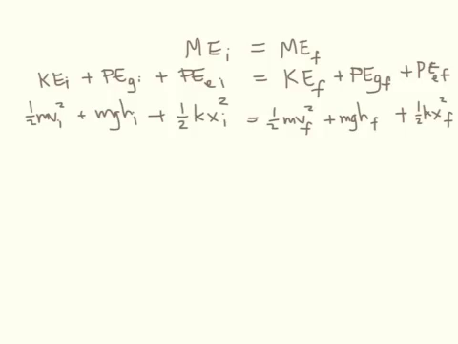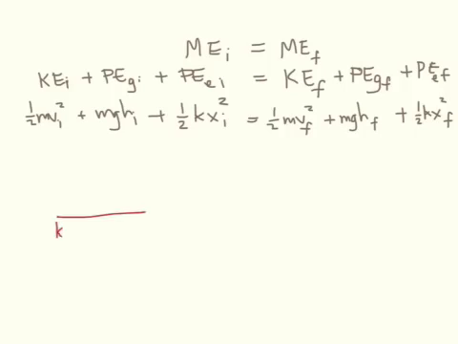Now, while it's true that the total amount of mechanical energy is equal at two different moments in time, the amount of kinetic energy can change, the amount of gravitational potential energy can change, and the amount of elastic potential energy can change. These things can be converted into each other, sort of like a bar graph, right?